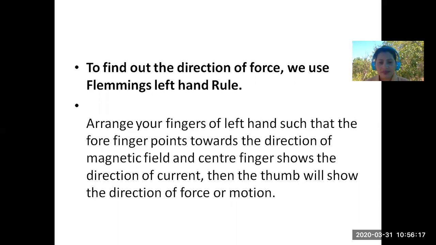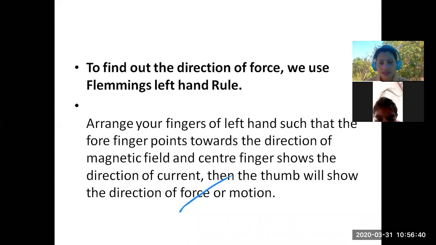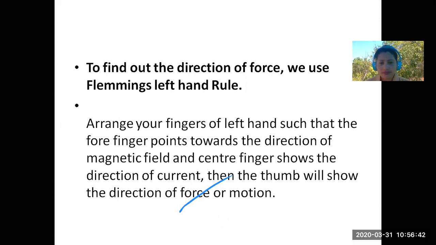Father F denotes the direction of force. M denotes magnetic field, and C denotes current. The center finger, that is the middle finger, refers to current. That is how you can make out the direction of all of them.